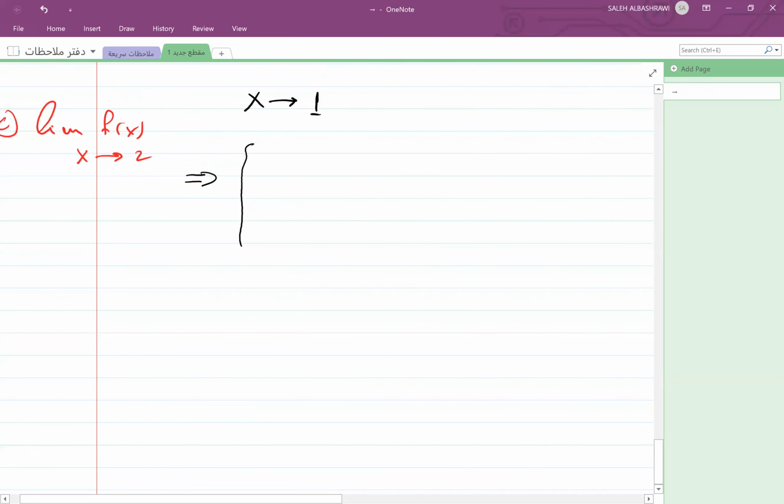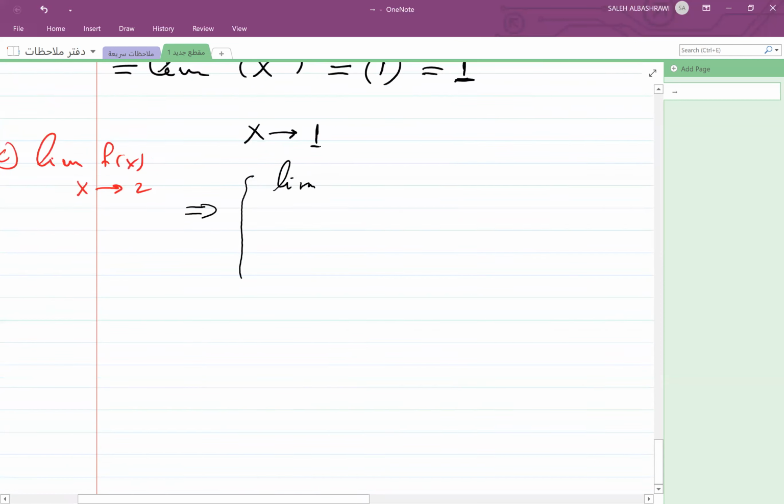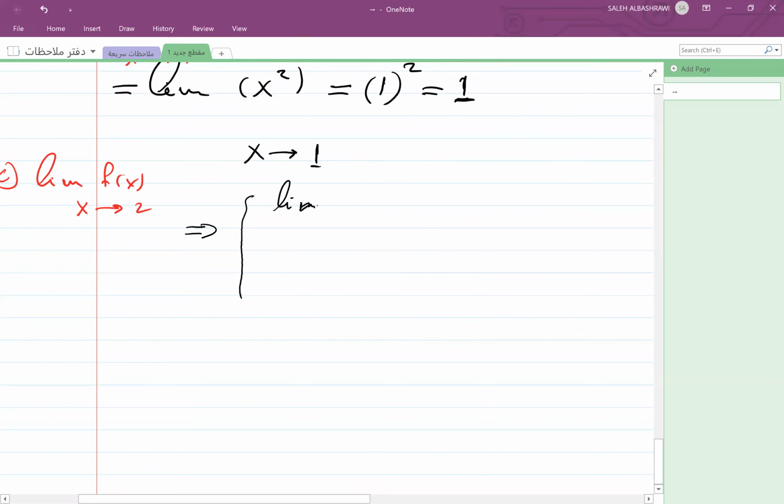So I need to find the left limit, f of x as x goes to 2 minus, and the right limit. From the definition of the function, for the left part, the function is equal to x squared.